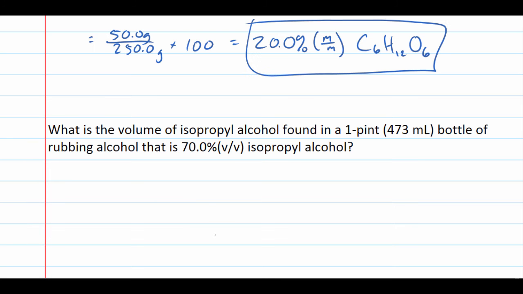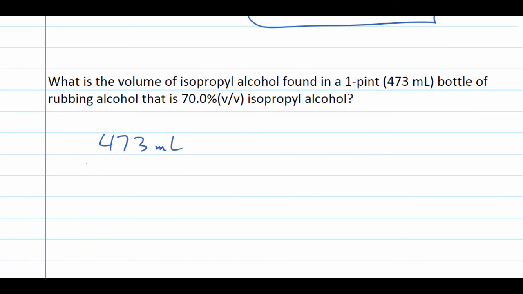This one, of course, let's write it down very quickly. If we want to find out what 70% is of 473, how do we figure that out? Multiply 473 by 0.700, or 0.7 would be good enough. If we do this, we wind up with 331 milliliters as that particular volume.